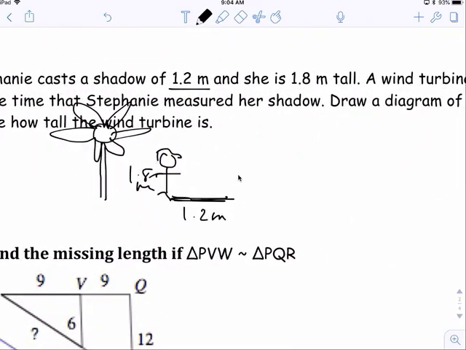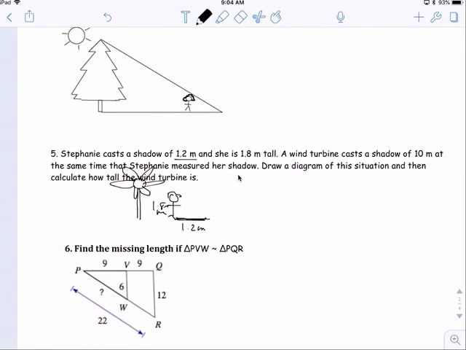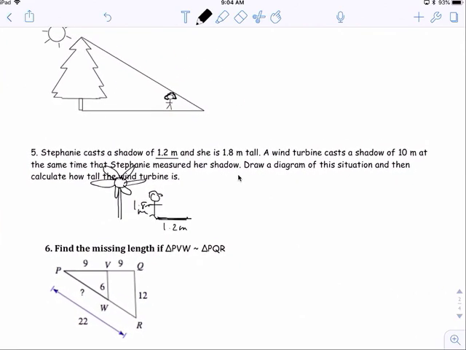At the same time, Stephanie measured her shadow. So the wind turbine right here is like that, right?